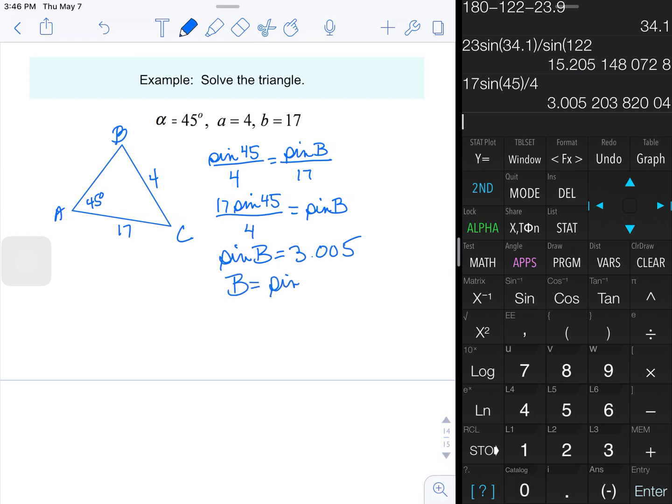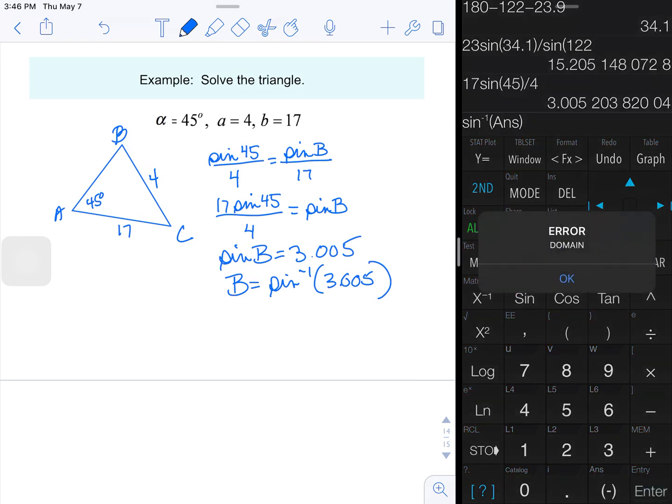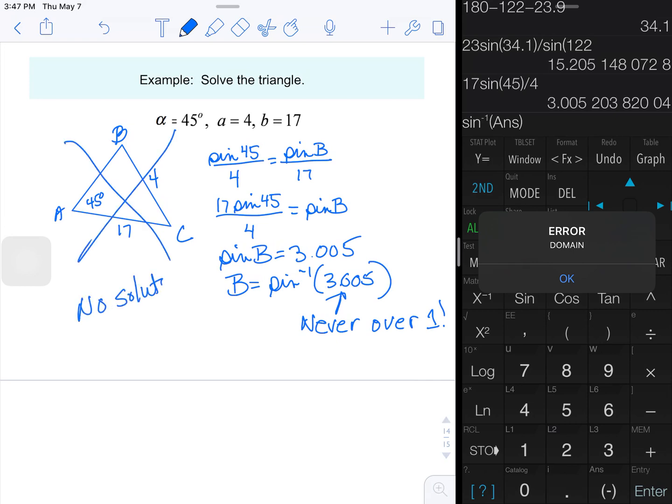So I would do inverse sine of that answer. So second sine, second answer. And there is the error. This value, sine, can never be over 1. So I get an error out. Since sine is never over 1, I have no solution.